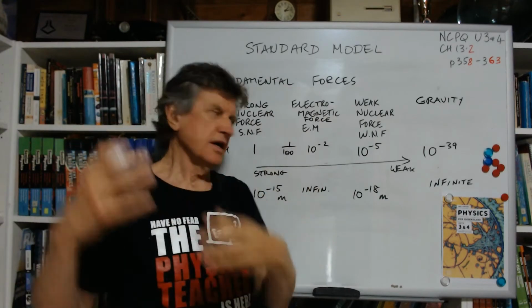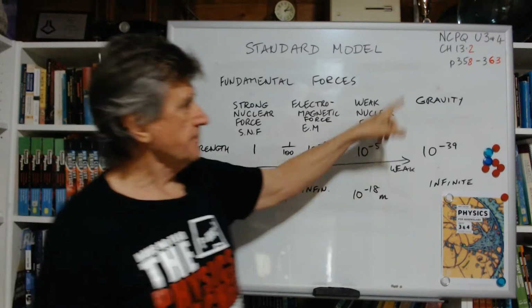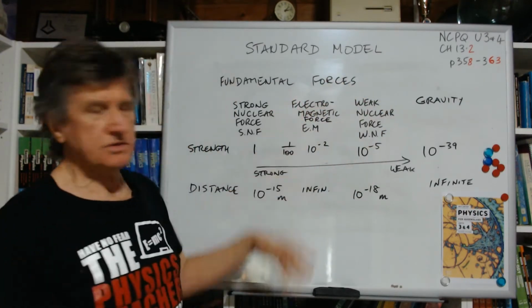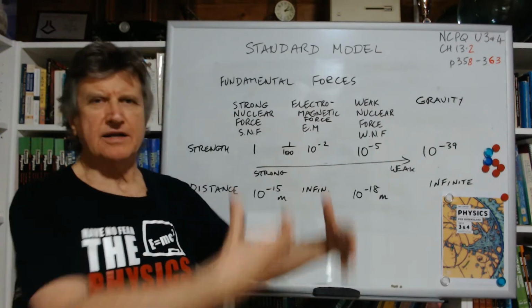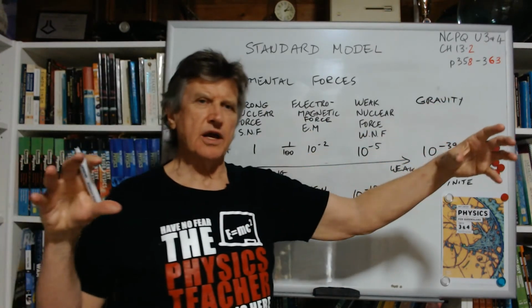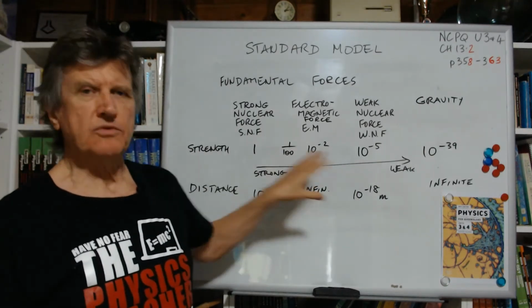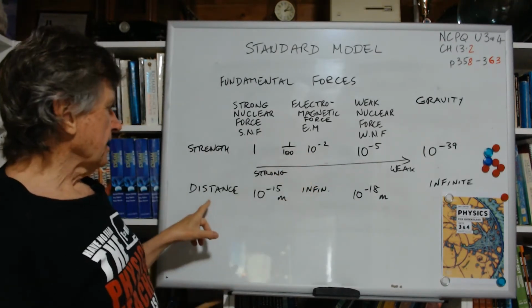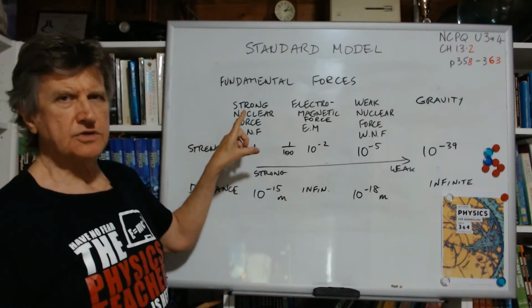So even though it's an inverse square relationship, any positive and negative particles in between the two you're looking at will affect the strength of the force. So we say it's infinite, but that would be in a vacuum, I guess. So they're the two aspects of those four forces.